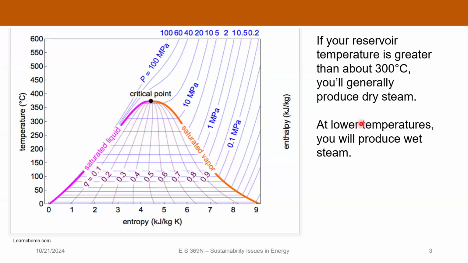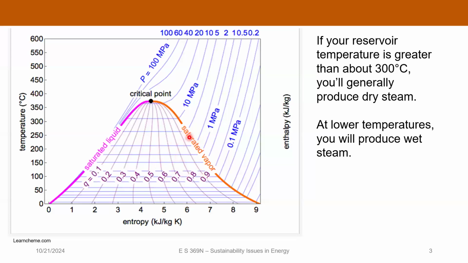And that will allow you to produce dry steam, where you're over here completely in the vapor region. Now, if you're at a lower temperature than that, you'll be in the two-phase region here, so you'll be producing some steam and some liquid water. It's called wet steam. There are certain geothermal power plants that can get away with a certain amount of liquid water, where you can separate it out and just extract the steam.